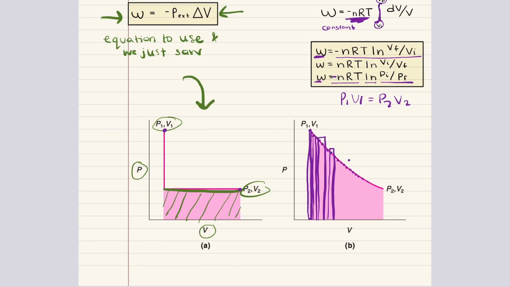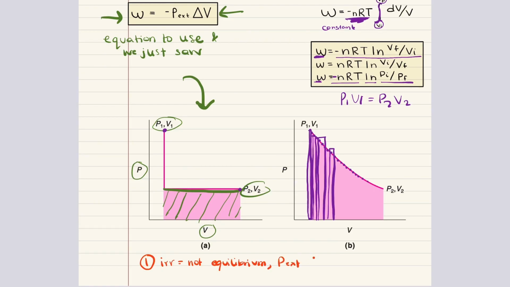With our pictures for reversible and irreversible processes in mind, let's pull the ideas together. First, the essential difference is how the opposing pressure behaves. So in the irreversible case, the opposing pressure is fixed and the system is not in equilibrium while it moves. So the work depends only on that fixed external pressure and the total change in volume.